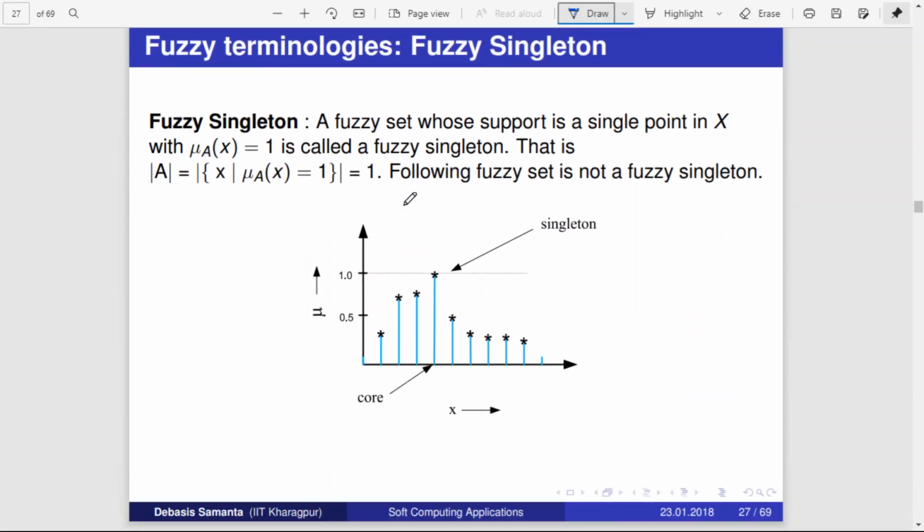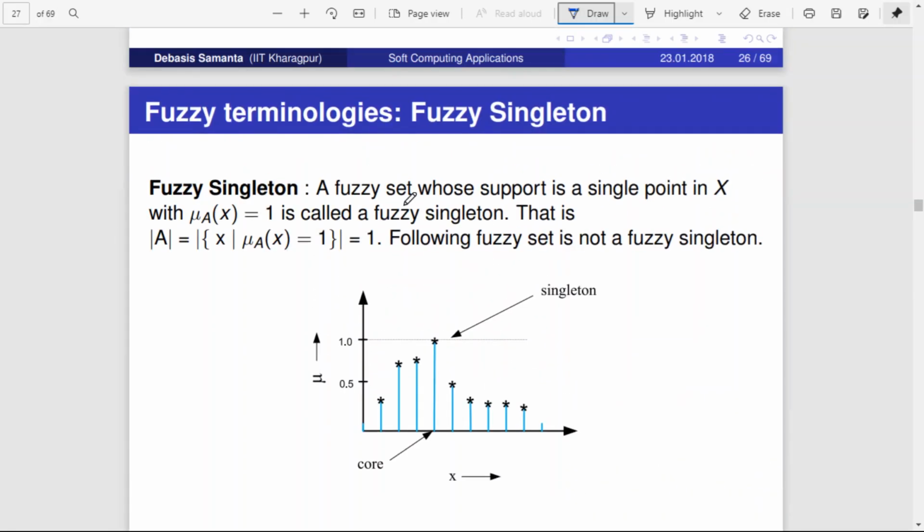Next, fuzzy singleton. What is a fuzzy singleton? This is another terminology. A fuzzy set whose support is a single point in x with mu A of x equal to 1 is called a fuzzy singleton. What does it mean?